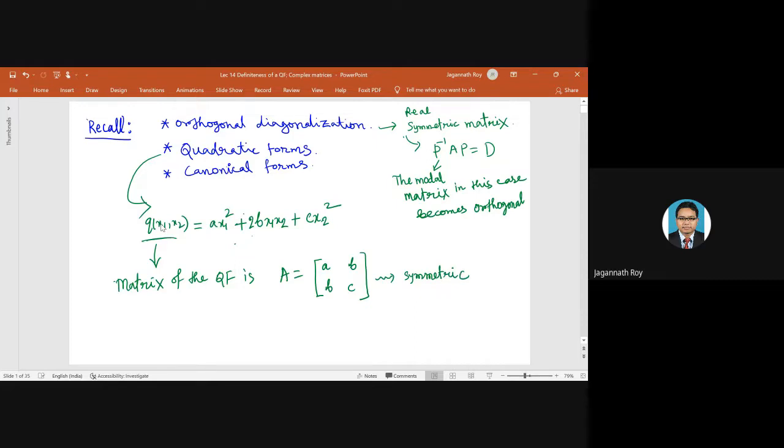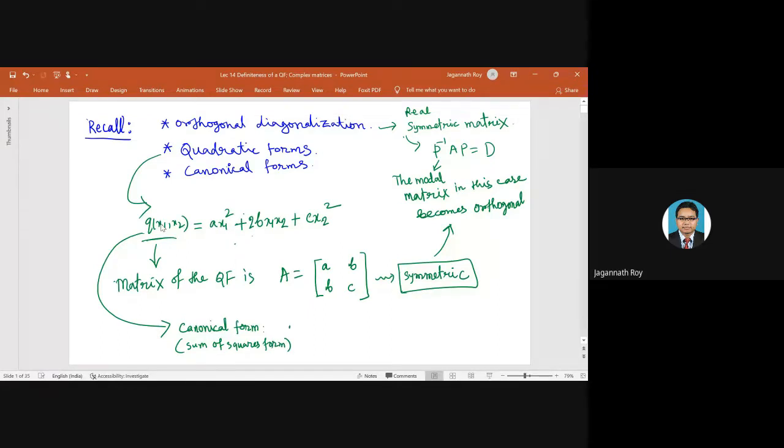Now whenever we have a symmetric matrix, we will be looking at the characteristics of this form. Now this quadratic form can be converted into the canonical form, which will have only square terms, also known as the sum of squares form.